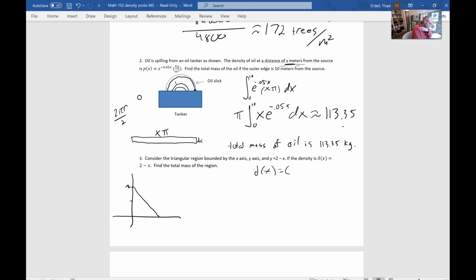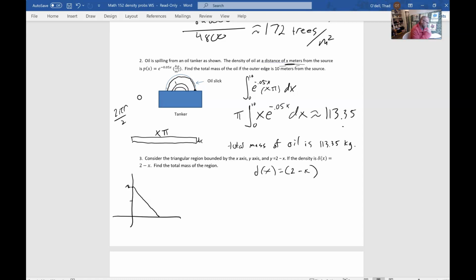The density is the same as the equation. So the density is based on how far you are from the y-axis, because it's based on x. So when x is 0, for example, the density is 2. When x is 1, the density is 1. When x is 2, the density is 0.